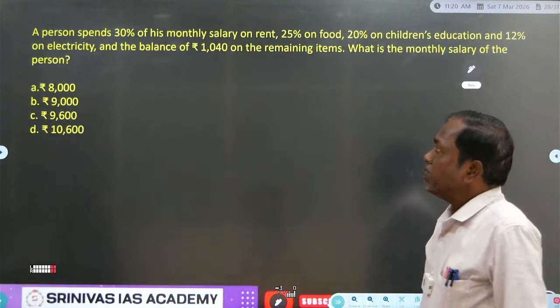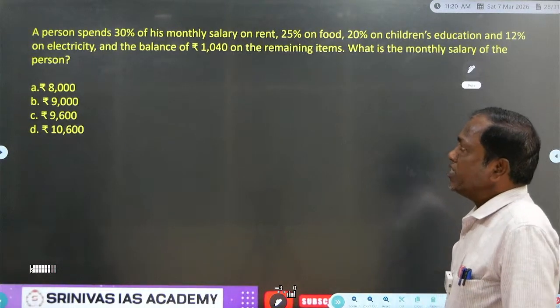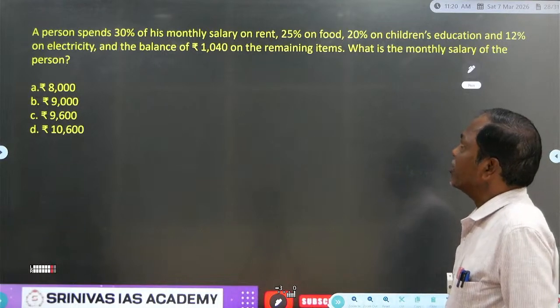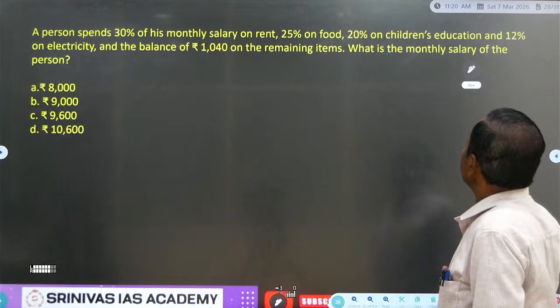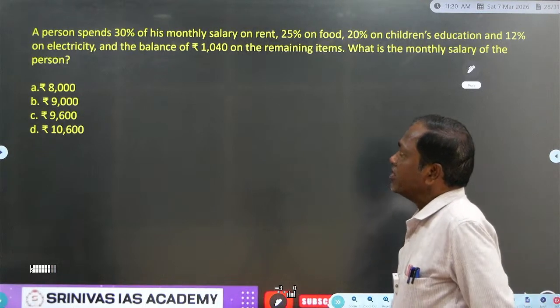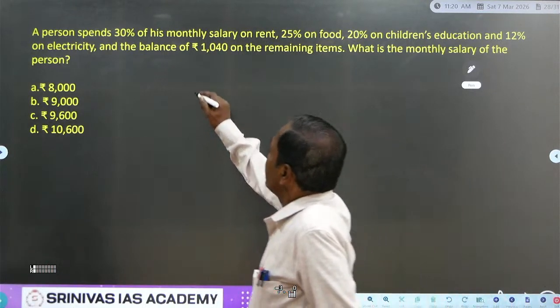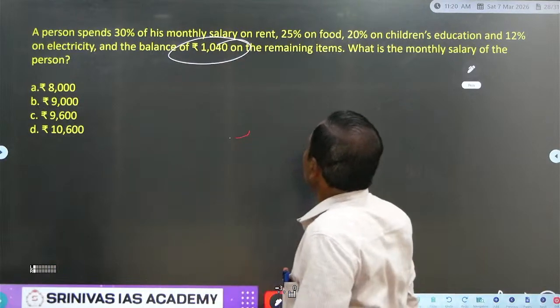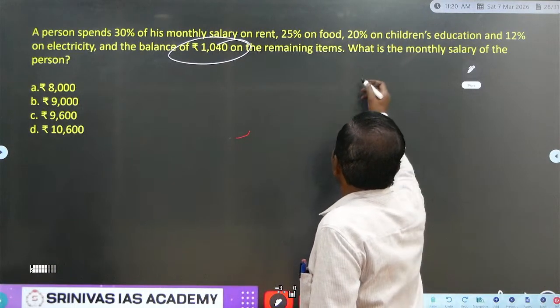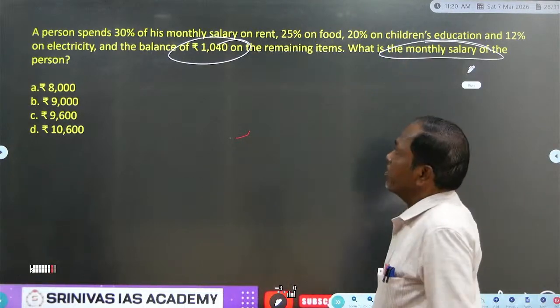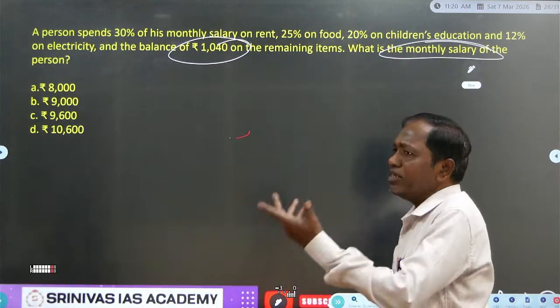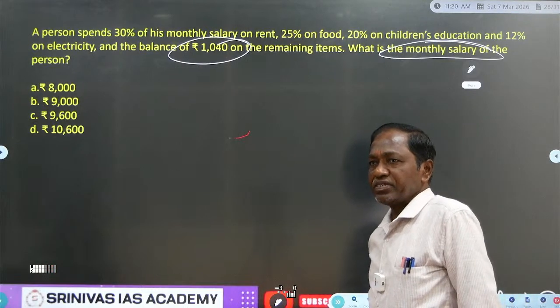Now, a person spends 30% of his monthly salary on rent, 25% on food, 20% on children's education and 12% on electricity, and the balance of rupees 1040 on the remaining items. What is the monthly salary of the person? Okay, let the salary be equal to 100%.